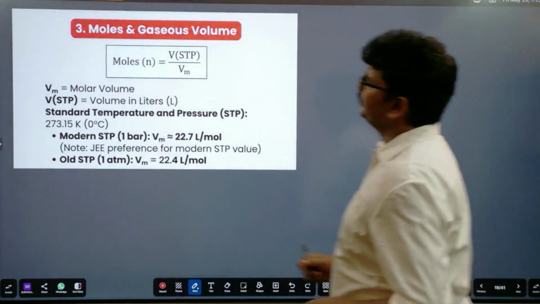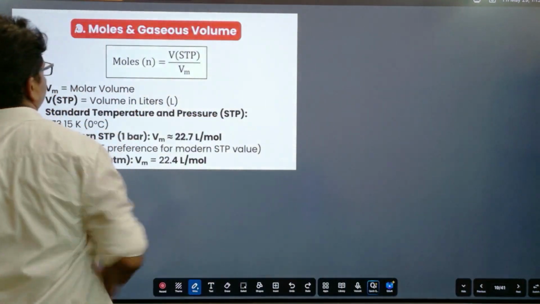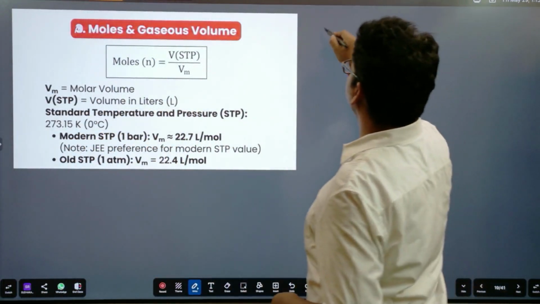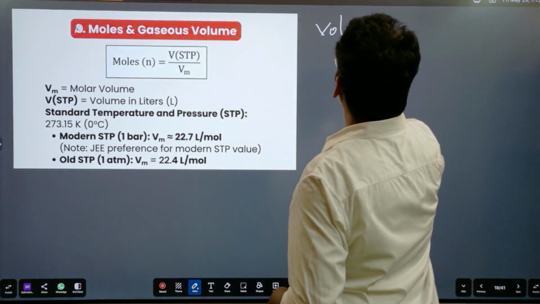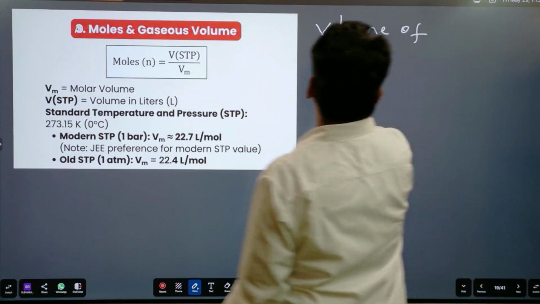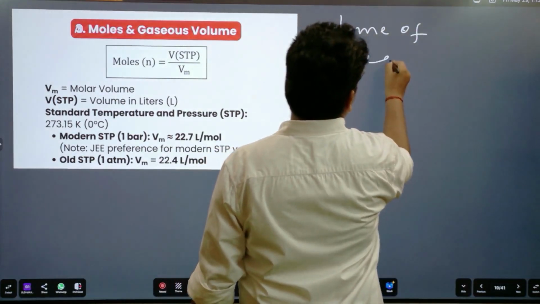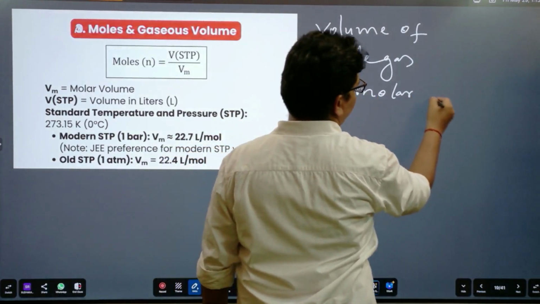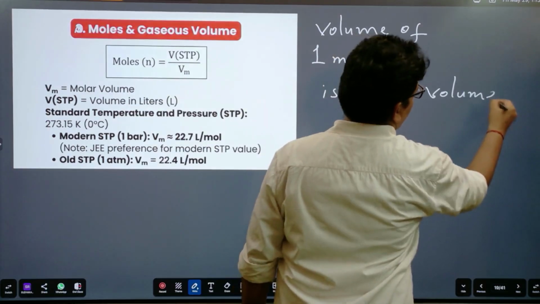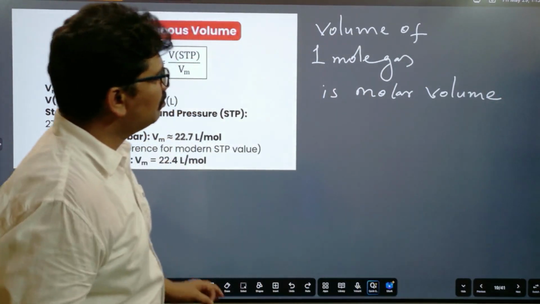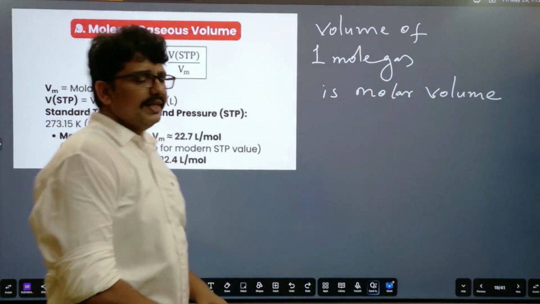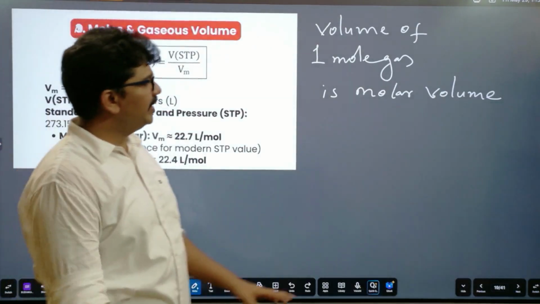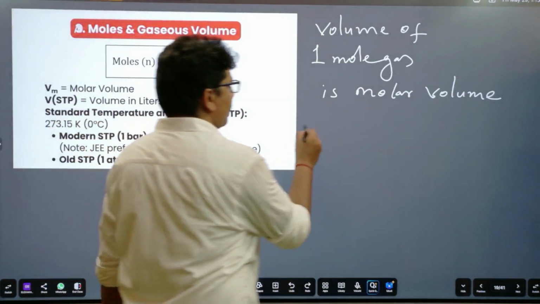Next, coming to molar volume of gases. So what is molar volume? Volume of 1 mole of gas is molar volume. Volume of 1 mole of any gas, carbon dioxide, hydrogen, nitrogen, is the molar volume.